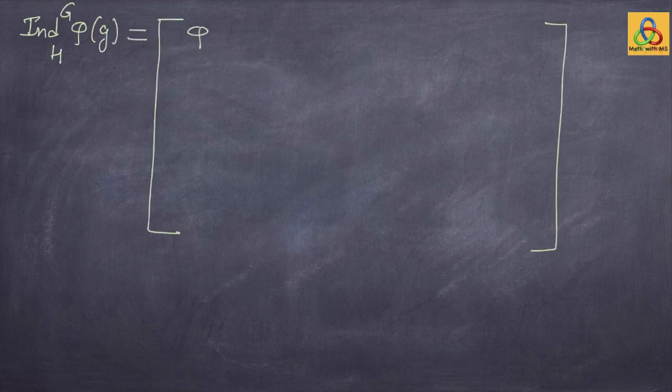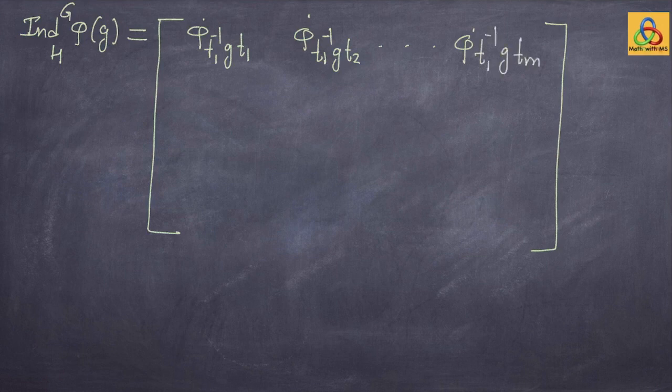What is induction of phi from the subgroup H to the group G acting on the group element g? It is this matrix: phi dot of T1 inverse g T1, phi dot of T1 inverse g T2, and so on, phi dot of T1 inverse g Tm, where phi dot at an element of the group G is just phi of that element if the element is in the subgroup and 0 otherwise.